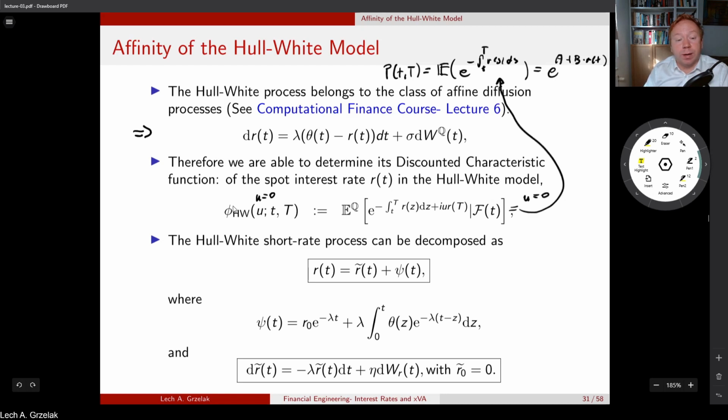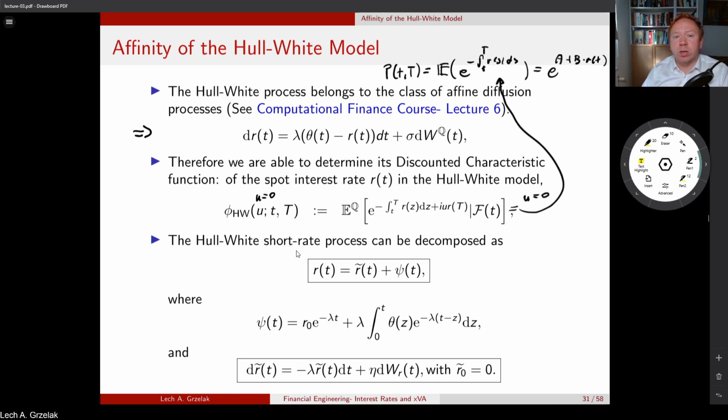So if we find the characteristic function for u equal to 0, essentially that will be this expression, because rt is measurable, so we take it outside. So this is exactly what we want to find right now. The characteristic function for the Hull-White process for u equal to 0 will be exactly the form we want, the solution for this expectation, which is here.